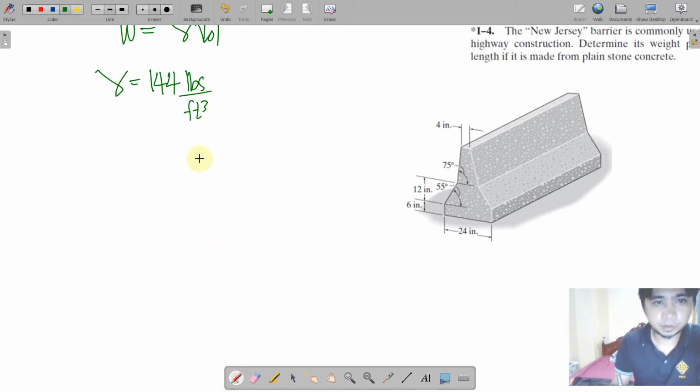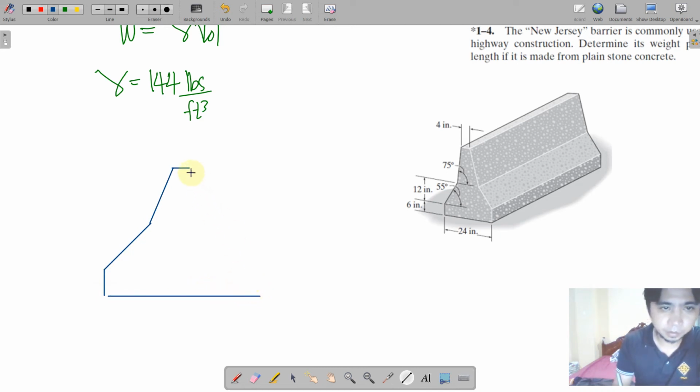Perhaps we have the cross section here. The top, these are the sides, another side, another vertical.